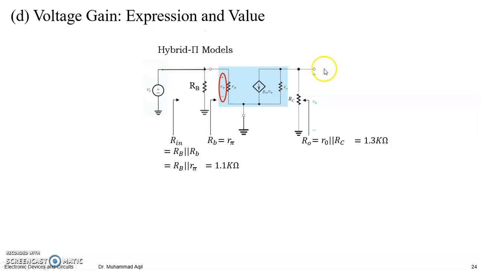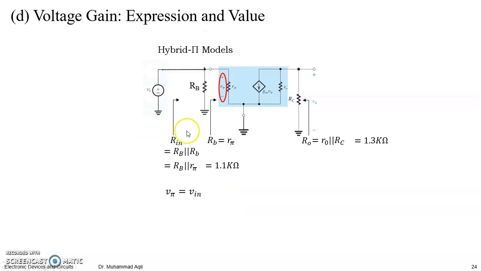Now we can write the equation of the output voltage, right? You can see this current obviously depends on the value here, so let's find this value. Your V pi is equal to Vi here, only in this circuit, because there is no resistance in series with this voltage source.